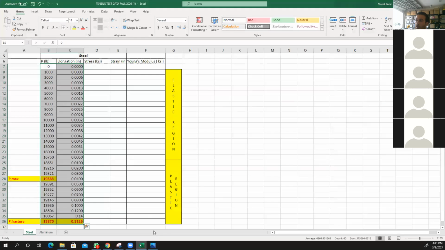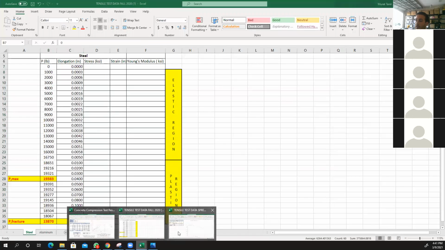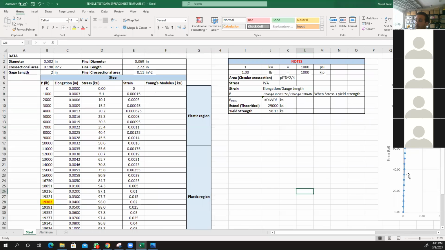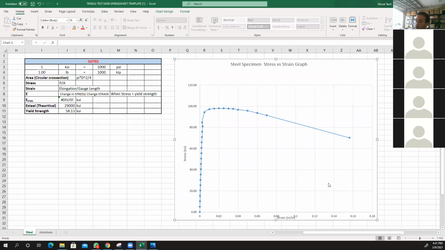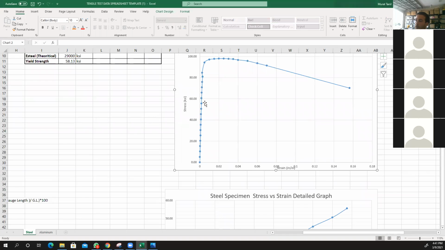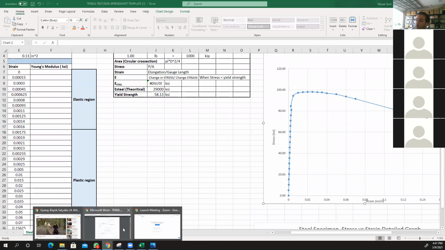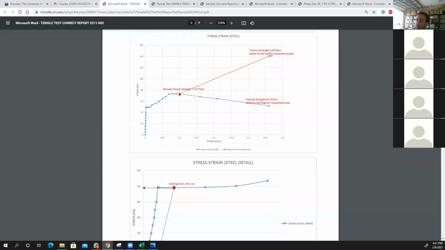Once you calculate the stress and strain values, this graph automatically comes to you. Then manually you will enter the fracture strength based on the neck cross-sectional area. You're going to draw a line, and that line corresponds to the stress value on the x-axis and the strain value on the y-axis, because the strain is not changing at that fracture point.